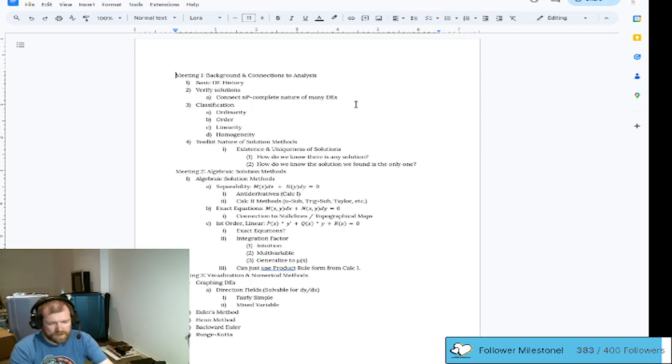So if you want to verify a differential equation, it's super easy.